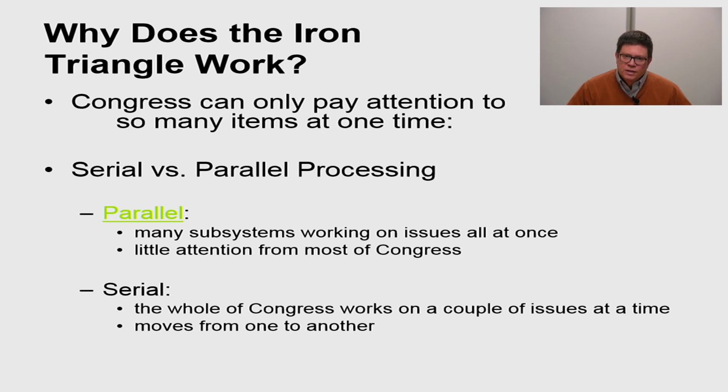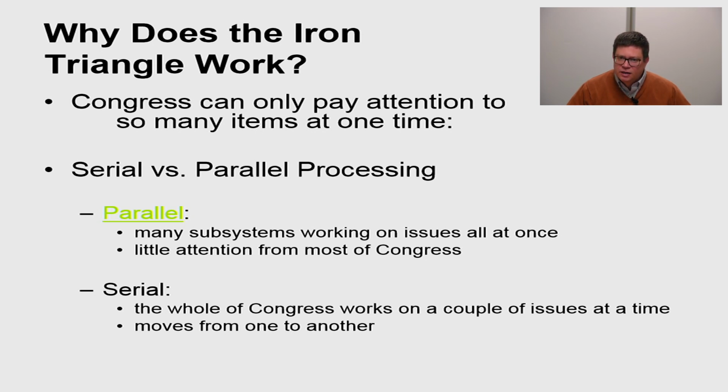Now, when something does come to the public attention, then it moves from this parallel processing to what we would call serial processing. So there are a couple of issues that Congress is working on at any one point in time. At the beginning of the Trump administration, the serial issues being worked on were healthcare reform, tax reform, and increasing the military budget.